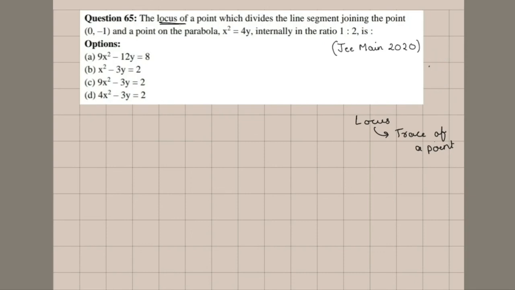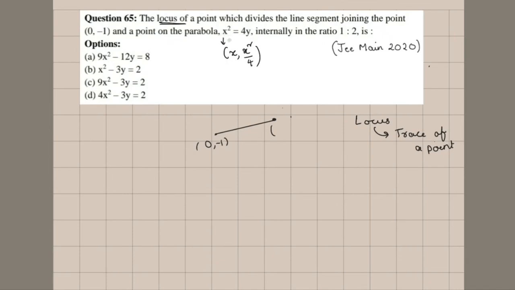Here the locus of a point which divides the line segment joining a point, let's say this point is 0, minus 1 to some point which is on the curve x square equals 4y. So any point on this curve will be, let's say some x is the x coordinate of this point, then y will be x square by 4, because x square equal to 4y.